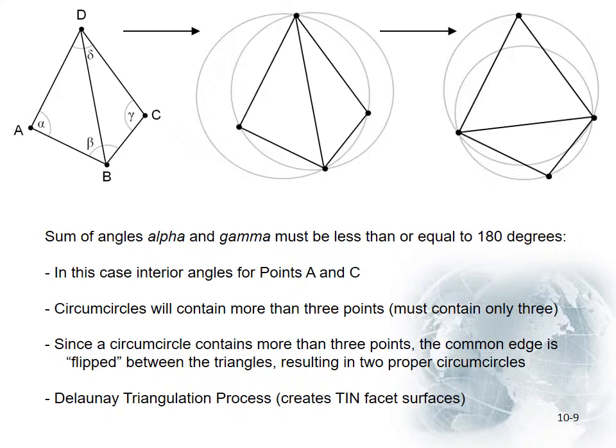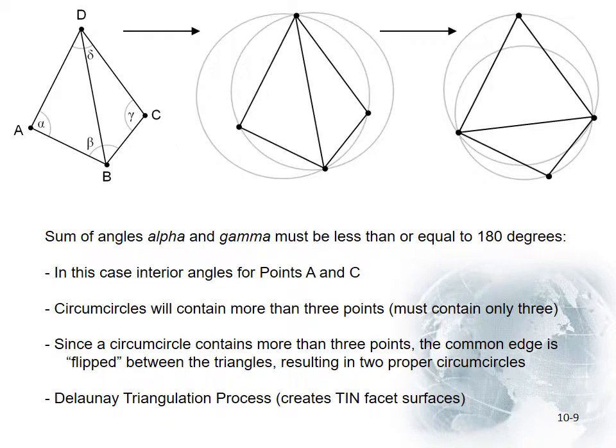What's happening here, this diagram is showing us in principle what the Delaunay triangulation does for these polygons described by points A, D, C, and B and the interior angles of those. The sums of alpha and gamma, A and C, must be less than or equal to 180 degrees. With circumcircles describing the triangles, each must contain only 3 points.